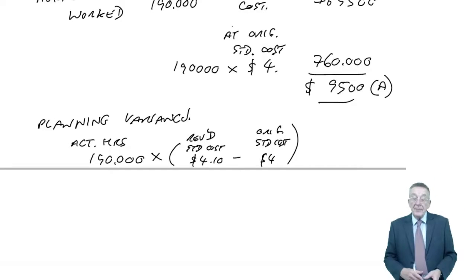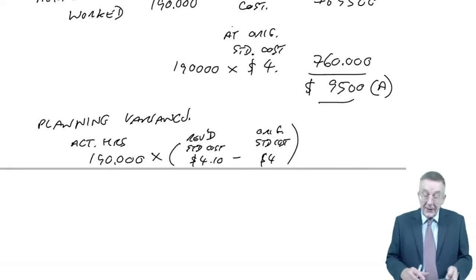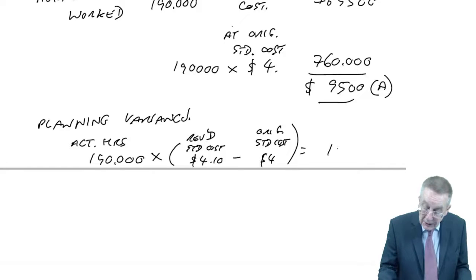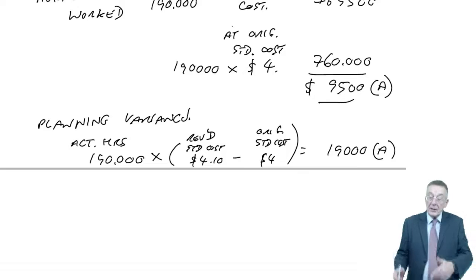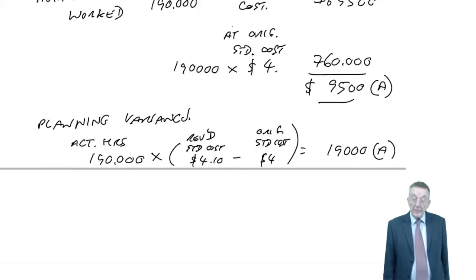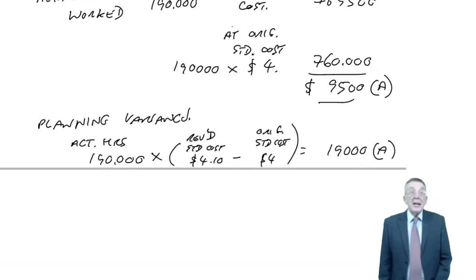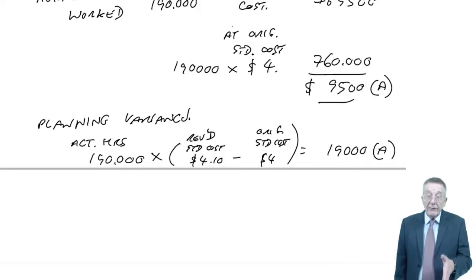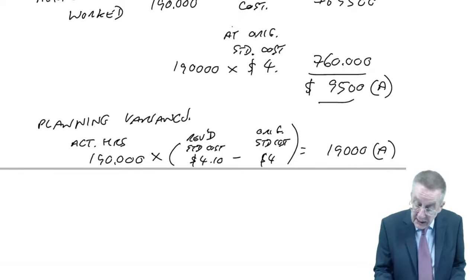So our standard cost has been revised 10 cents higher. So in total, 19,000. That alone, we expect to spend 19,000 more. So we'd now be expecting the manager to be paying $4.10. Let's check whether the manager did pay $4.10 or not.